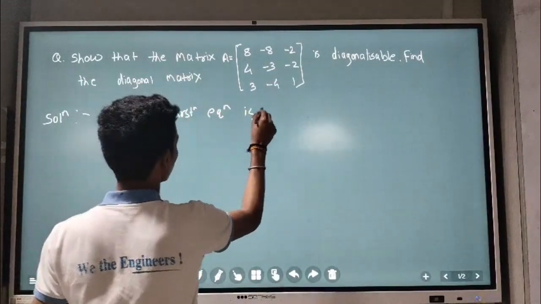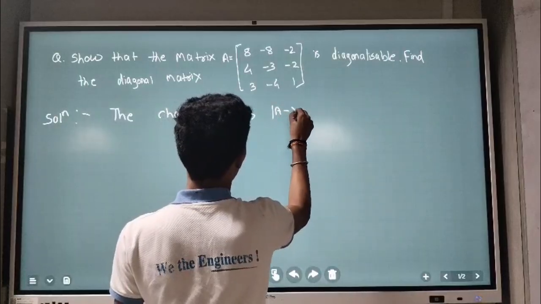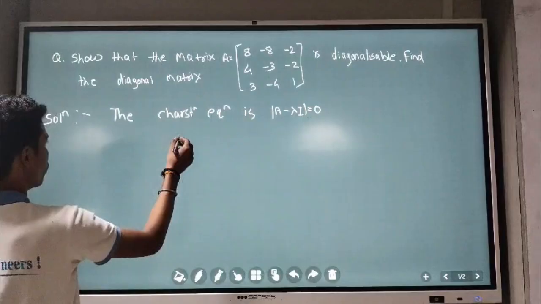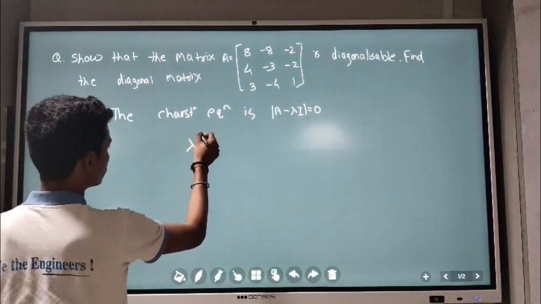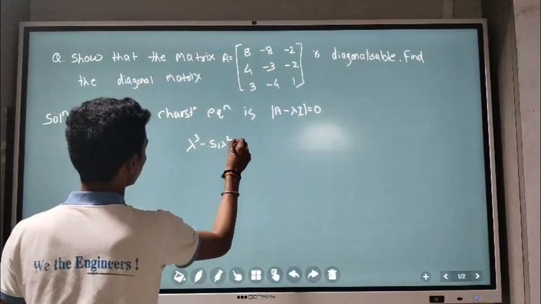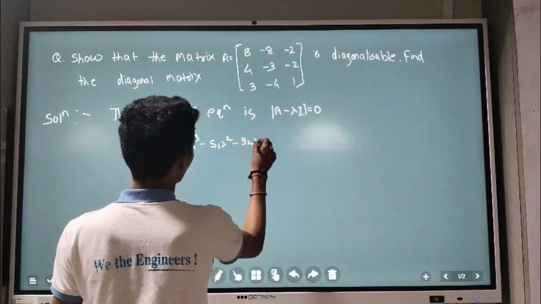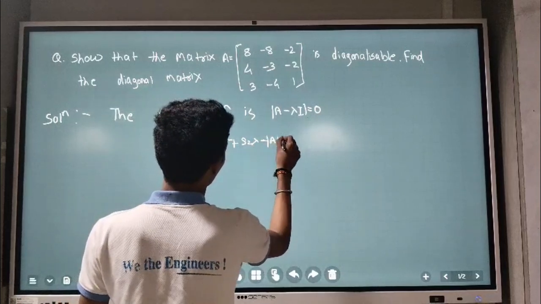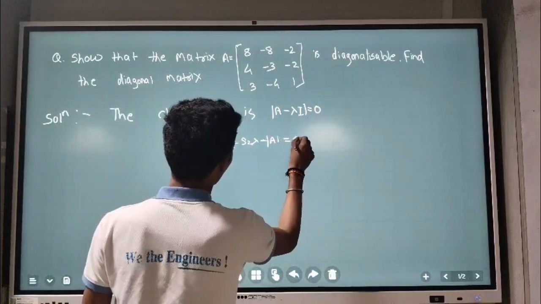The equation is mod of A minus lambda I equal to 0. And we have a formula to solve for the eigenvalues: lambda cube minus s1 lambda square plus s2 lambda minus mod of A equal to 0.